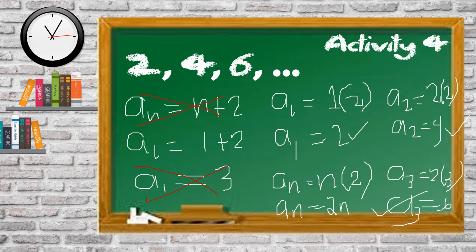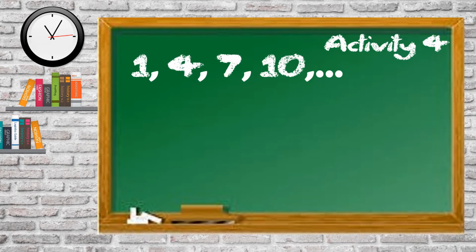Sa makatwid, ang formula natin para sa equation, para sa sequence na 2, 4, 6, ay a sub n equals 2n. Solving problem like this involves some guessing. Sabi ko nga kanina, medyo mas komplikado siya because there are no general procedure for finding a sub n. We simply examine the term and look for the pattern.